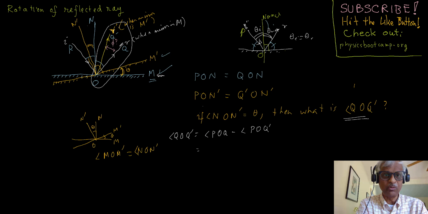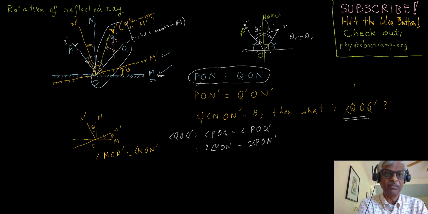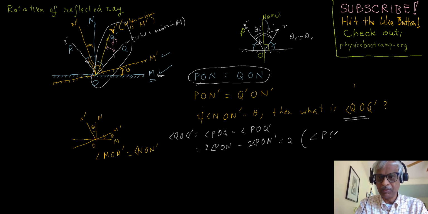If you look at POQ, using this equality, it can go to PON plus NOQ, so it's 2 times angle PON. Similarly, going from P to Q prime, I get 2 times angle PON prime. So it is 2 times PON minus PON prime, and if I take 2 common, I have angle PON minus angle PON prime.